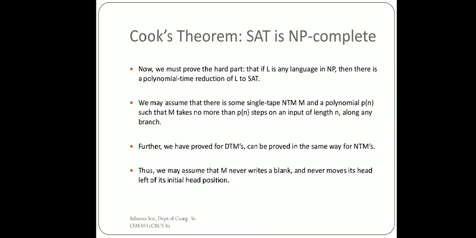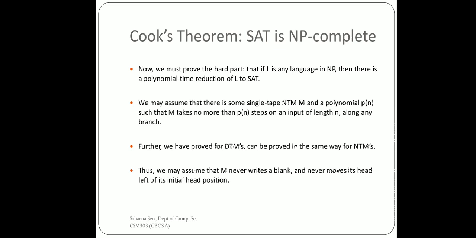Further, we have shown for a deterministic Turing machine that it can be proved in the same way as for the non-deterministic one. This is the other part, we have already done it, right? Now we will assume that M never writes a blank and never moves its head left of the initial head position. Why is this a definite statement?